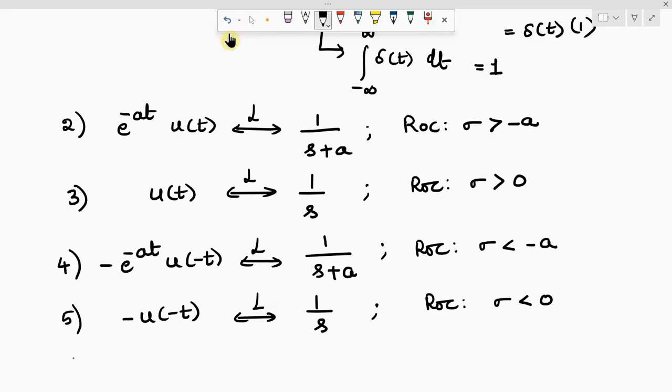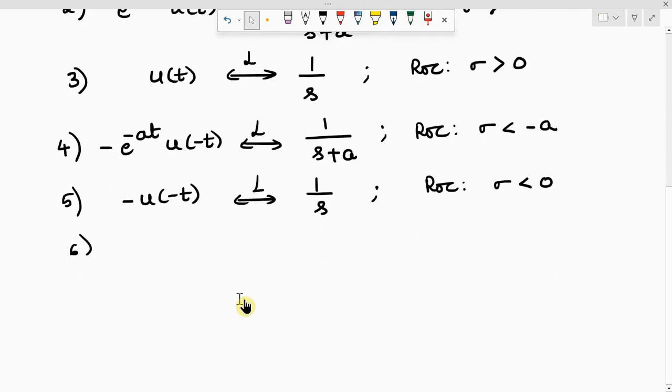Next, the sixth one. Now your skills of using the properties of Laplace transform come into the picture. t into e power of minus a t into u of t. Can anyone suggest what property of Laplace transform I can use? Is that differentiation in S domain?